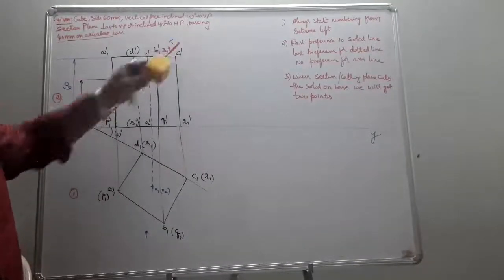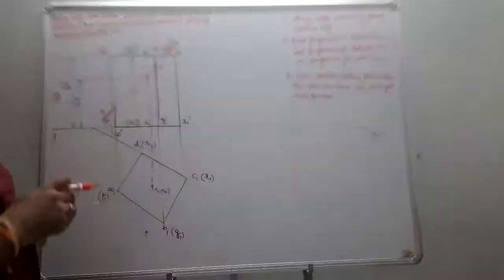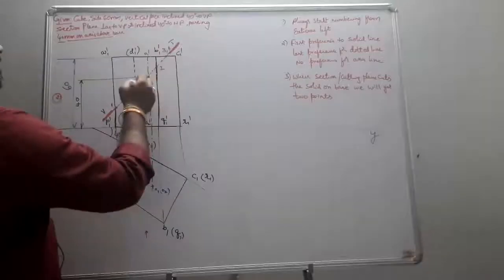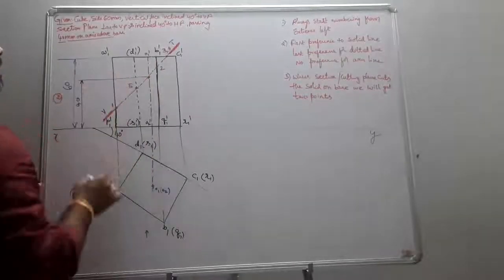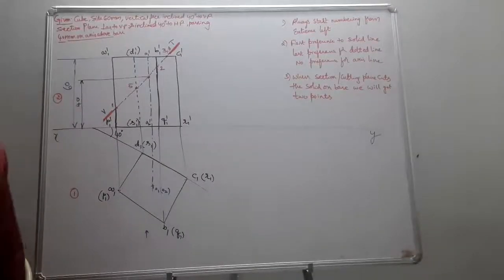That is an invisible point, so we start the numbering from the invisible point itself. It becomes 3, 4. And next, this point becomes 5. And there is no preference to the axis line.